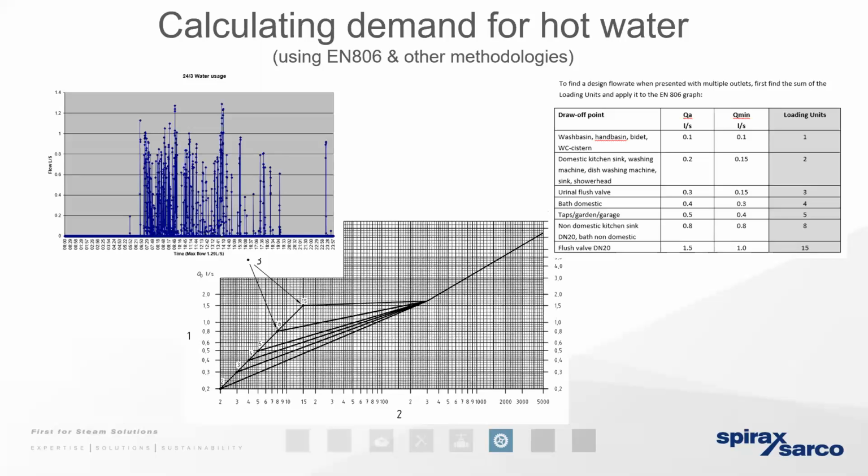We'd simply be duplicating any inefficiency. And in examples such as that, perhaps the best thing to do would be to fit a makeup meter on the cold water feed, because that way we'd be able to exactly match the hot water requirement and then size any new heat exchanger appropriately.